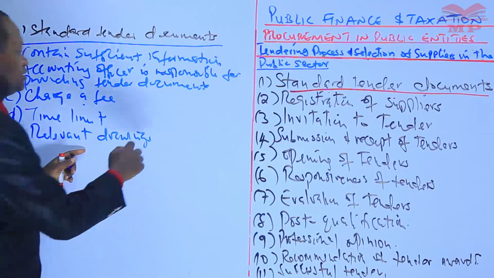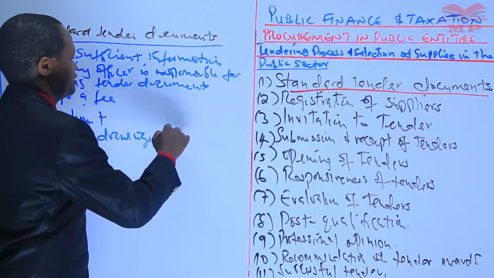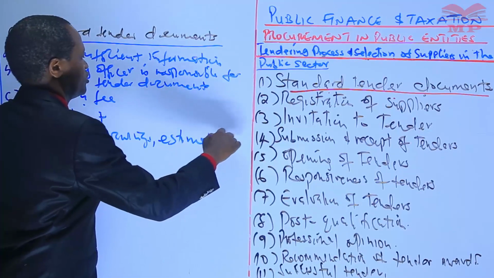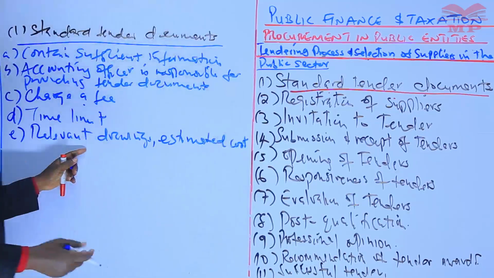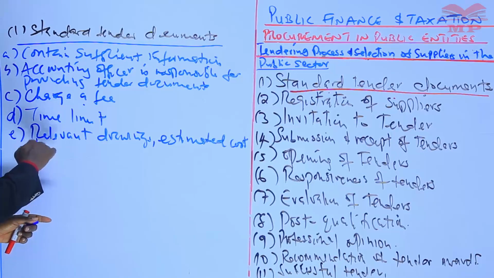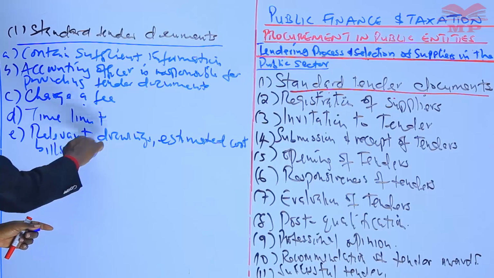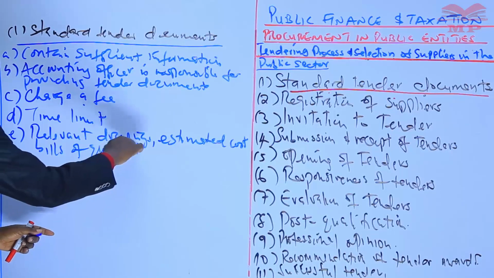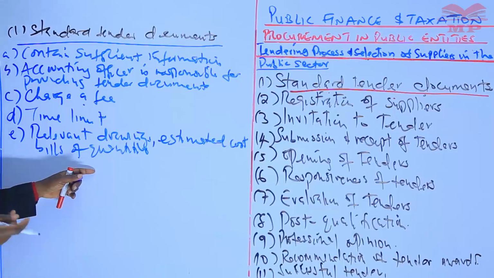They are also to be estimated cost, relevant drawings. We have bills of quantities. We have estimated costs, and so on.